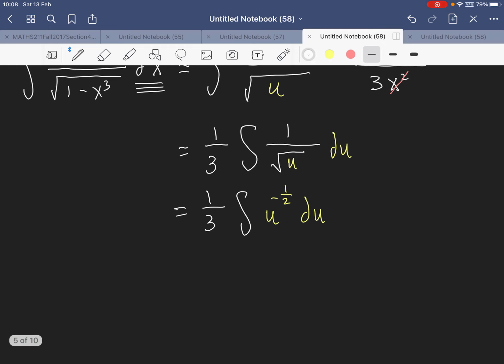We just need to add 1 to the power and divide by the new power. If we add 1, it will be u to the power of 1 over 2. If we divide by 1 over 2, this will give me 2, plus the constant of integration.